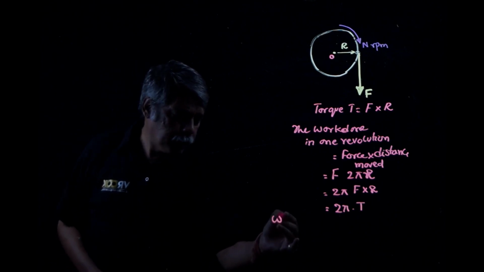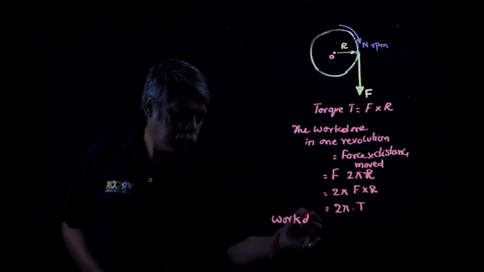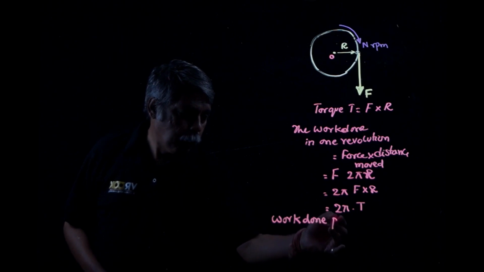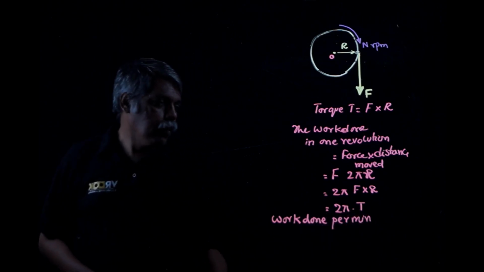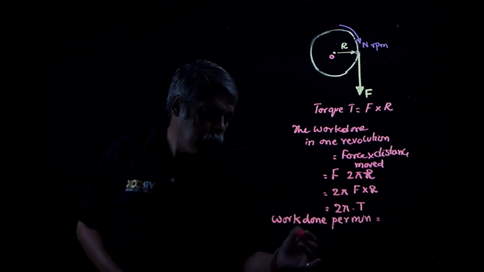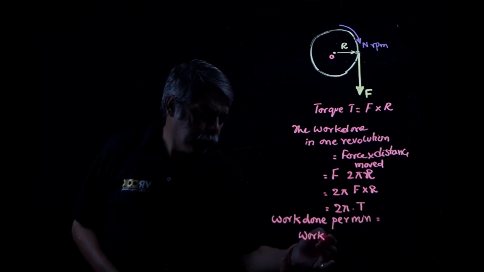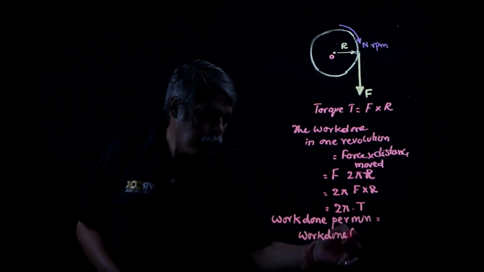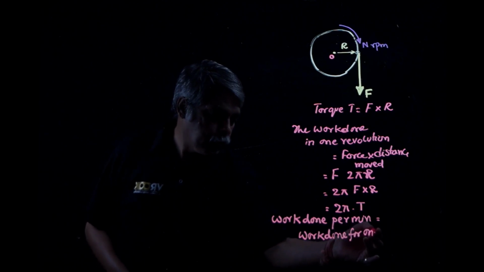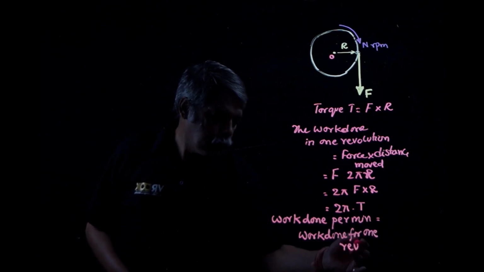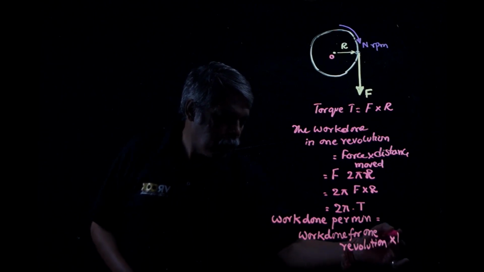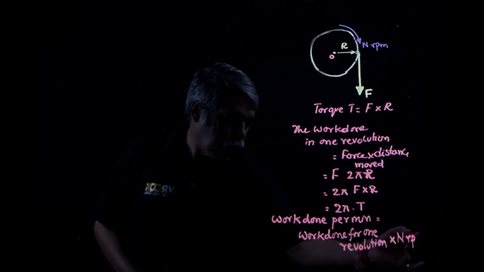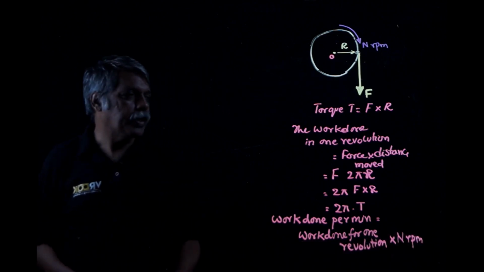Now the work done per minute will be equal to work done for one revolution multiplied by the speed n rpm, revolutions per minute.